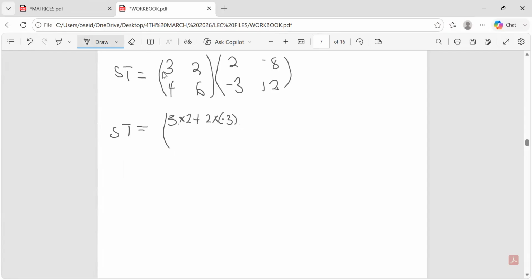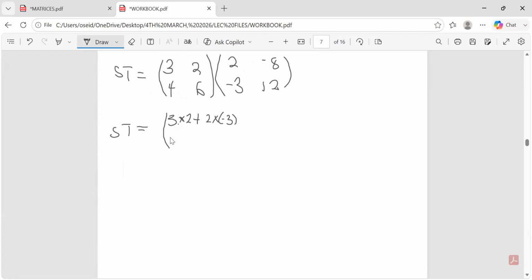I will advise you that when you take the first row, use it to multiply the first column before you proceed to the next column. So let's finish the second one first.